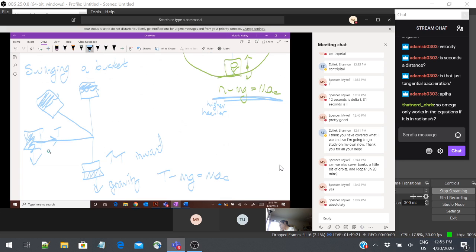In this case, it would just be tension because gravity doesn't matter. In this case, it would be the normal force of the bottom of the bucket that's holding it up, plus tension and gravity.